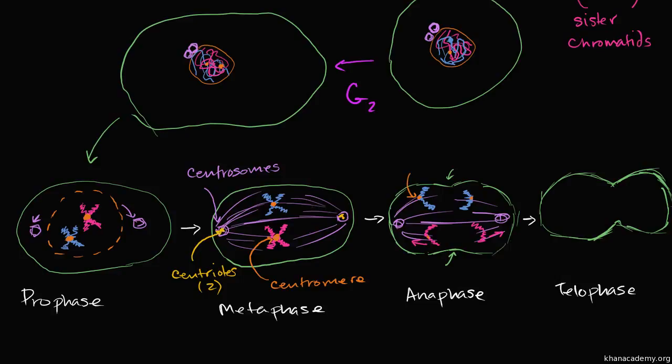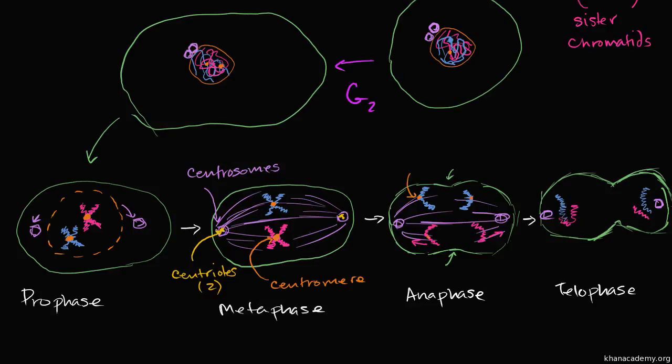So actually, let me draw the two centrosomes. So you have one centrosome, do that same color that I had before. So you have one centrosome right here. You have another centrosome right over there. And now the DNA, this blue DNA, this chromosome is now here, but it's starting to unwind a little bit. Same thing on this side right over here. Magenta chromosome is on here, but once again, starting to get a little bit unwound.